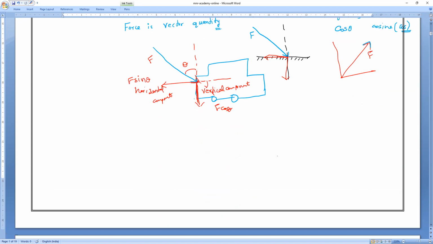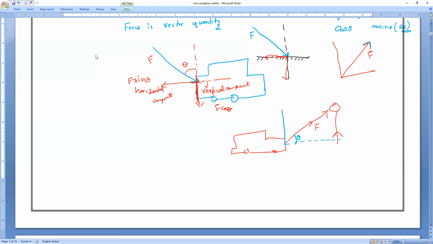Now, the same toy car. For example, there is a boy who is trying to drag it. Imagine he tied a rope and he is trying to apply the force in this direction. So he is trying to drag it at an inclination, with the theta angle from the surface. Clear, everybody? Now in this case also the force will split into two different directions.